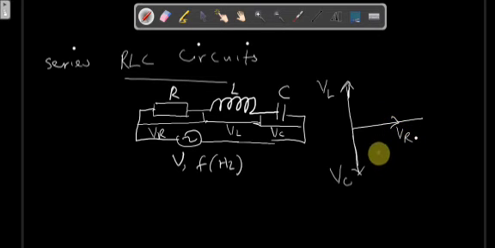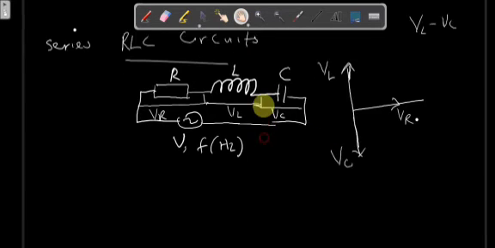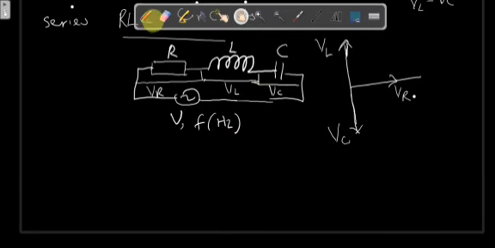What we do is, VL and VC are on a straight line, so the resultant of this is going to be VL minus VC. I can reduce the diagram to something like this.